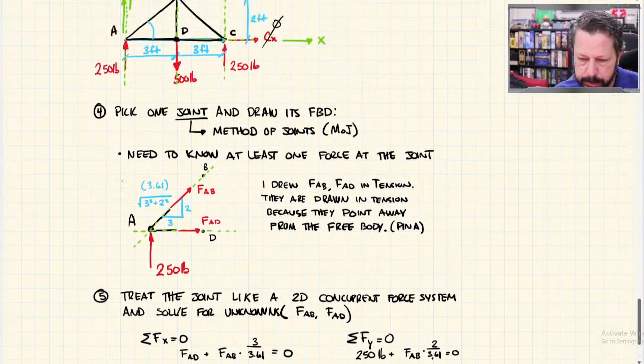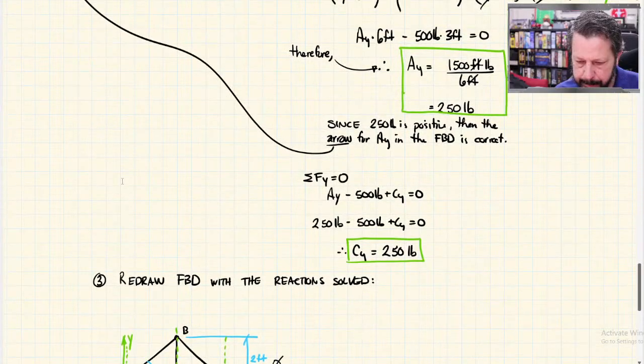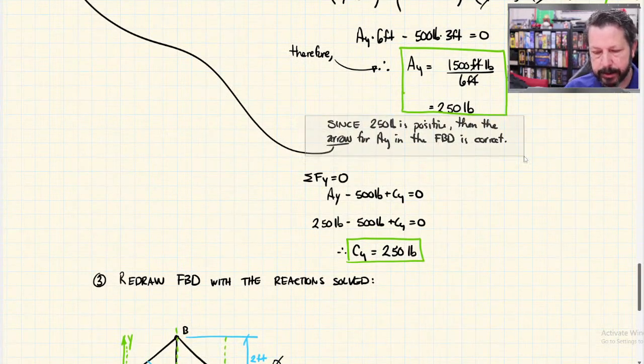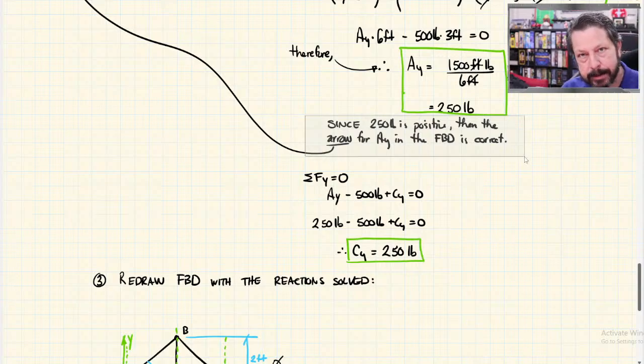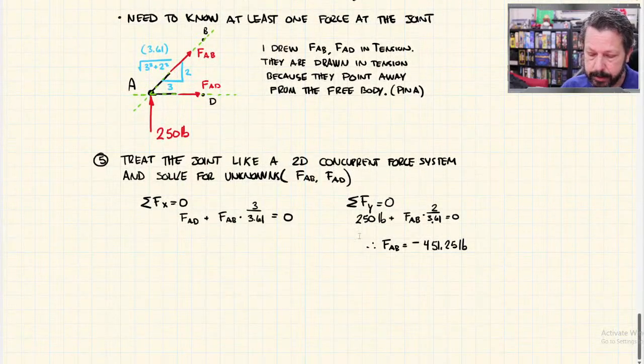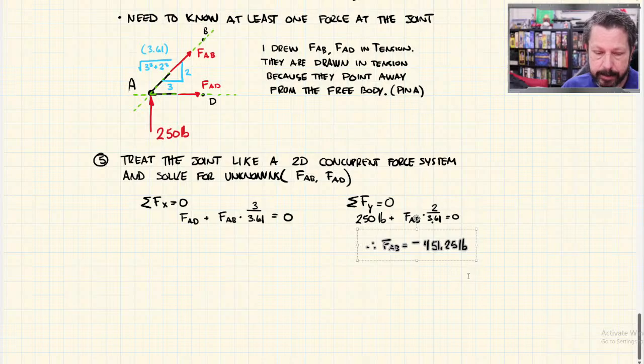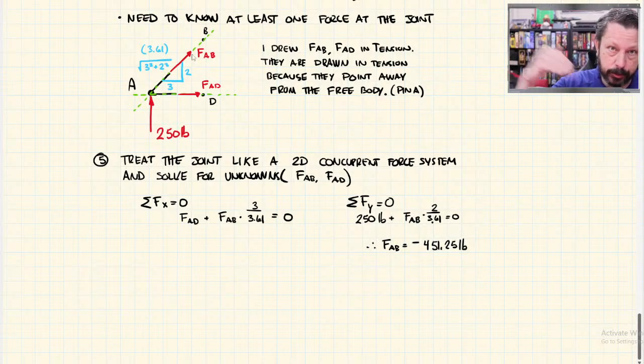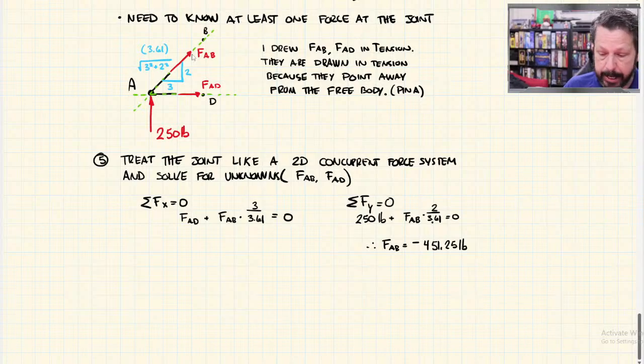So just like up here, right here, when I solved for AY, it came out positive. I knew the arrow was the right way. Here, I solve for AB and I get a negative sign. So that means that AB up here is actually supposed to be pointing towards A.